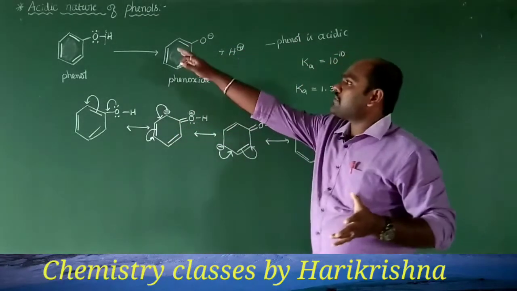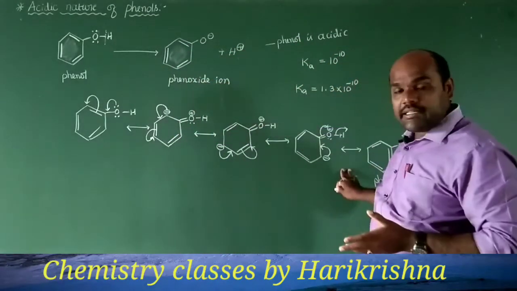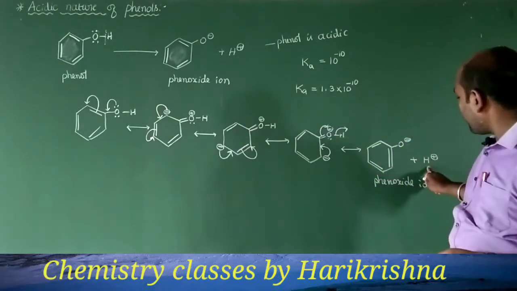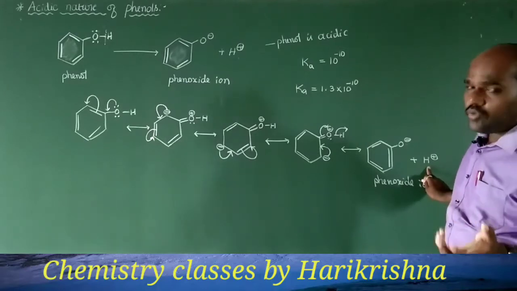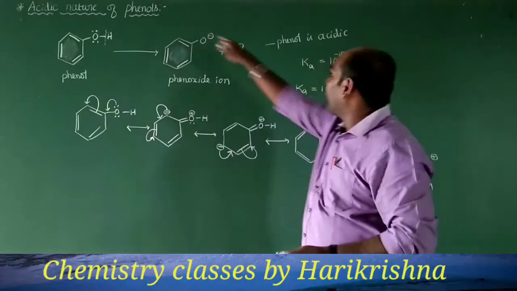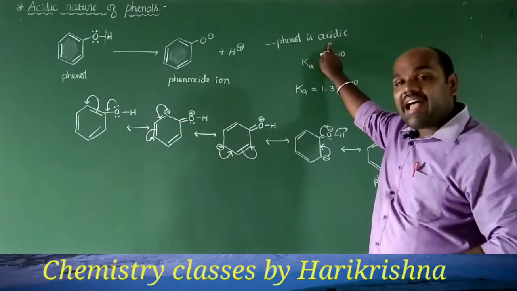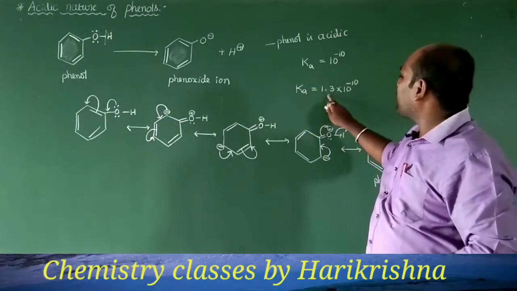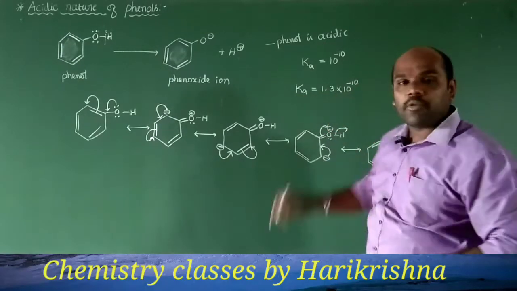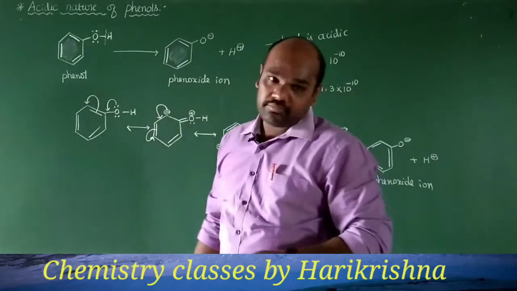So, as a whole we can say, due to resonance, phenol can readily produce phenoxide ion by producing H plus. So, due to development of free H plus ion by phenol, phenols are considered as acids, and phenol has a dissociation constant of 1.3 into 10 to the power of minus 10.